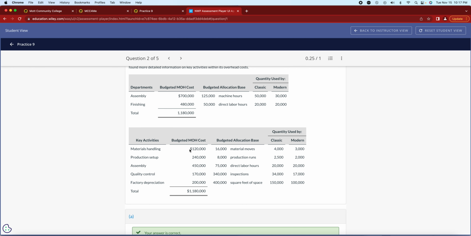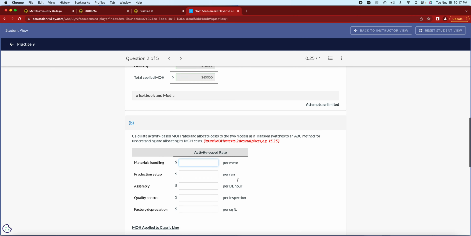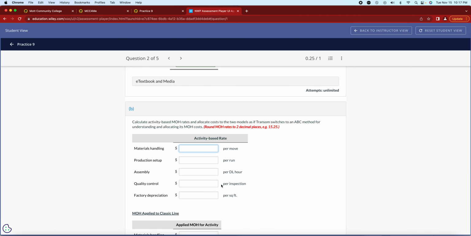Going to take the budgeted overhead cost divided by the budgeted cost driver. For materials handling, it is common to use the number of times materials have to be moved as the cost driver because that's what's determining how it's really what is driving your cost up. So 120 divided by 16 gives us a rate of $7.50 per move.